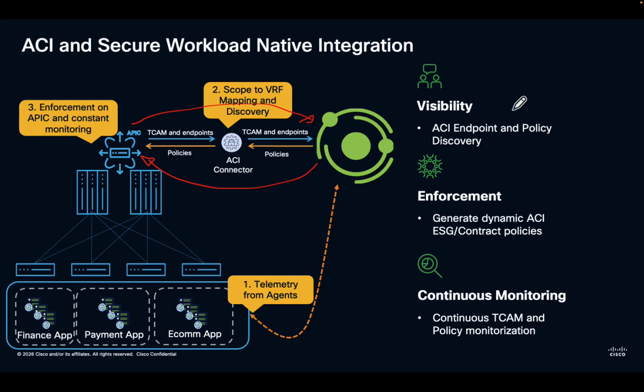So the three main use cases are visibility, where we do the ACI endpoint and policy discovery; enforcement directly on APIC using ACI ESG constructs and contracts; and lastly, continuously monitoring the TCAM utilization of ACI.